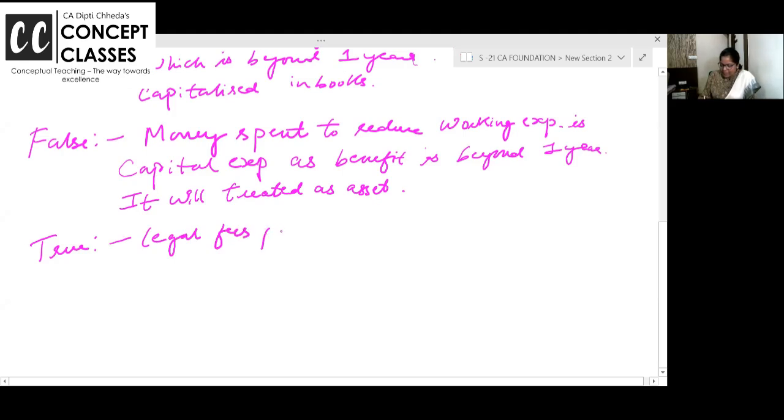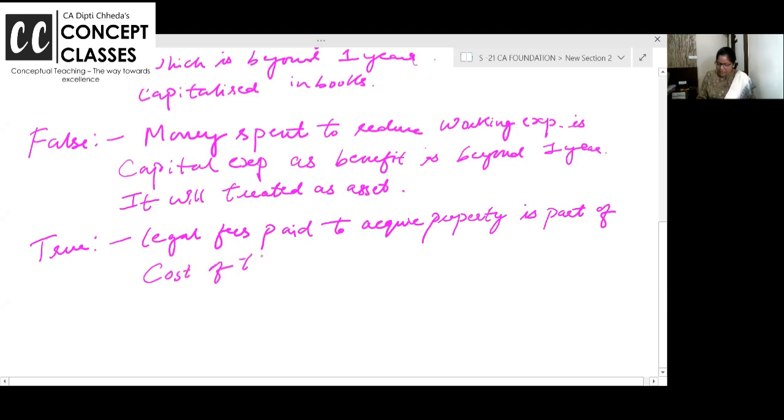Legal fees paid to acquire the property is part of cost of that property. Legal fees which is paid to acquire the property is a part of the cost of the property.